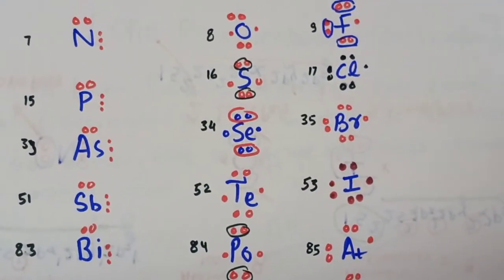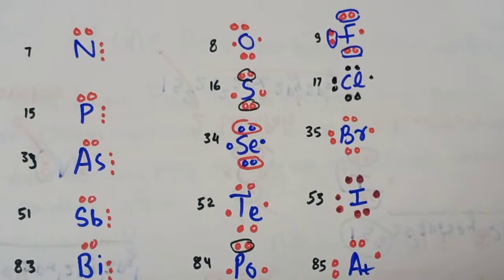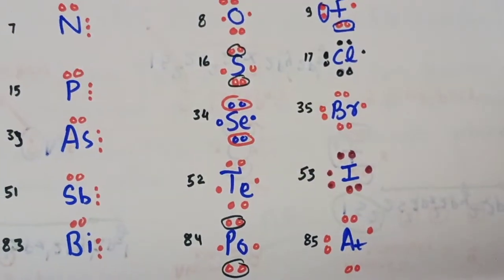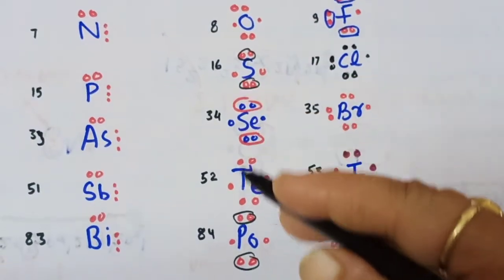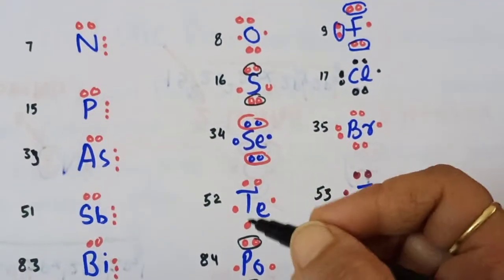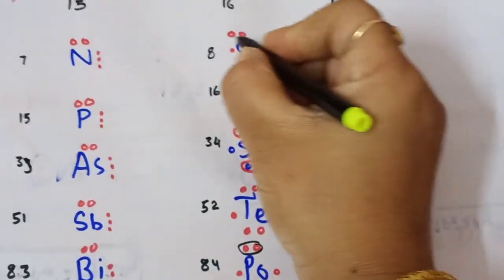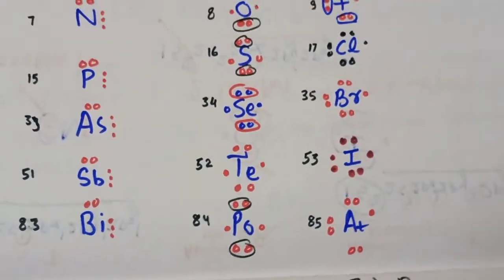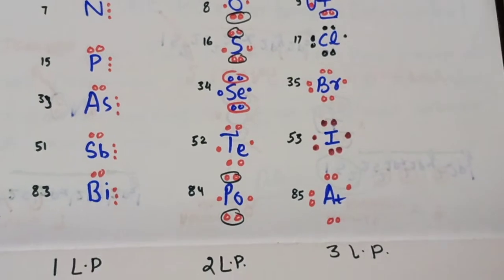Similarly, in the oxygen family also, as we know, the order of electronic configuration is the same, valency is the same in the group. So similarly, the number of our lone pairs will also be the same. So in the oxygen family, all members, oxygen, sulfur, selenium, tellurium and polonium will all have two lone pairs of electrons.